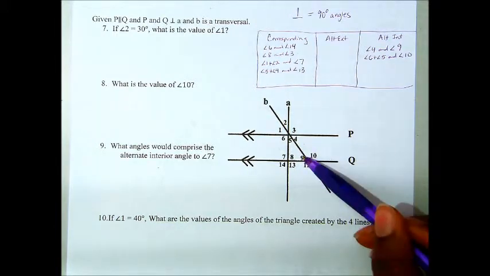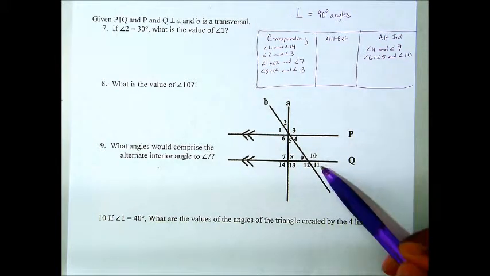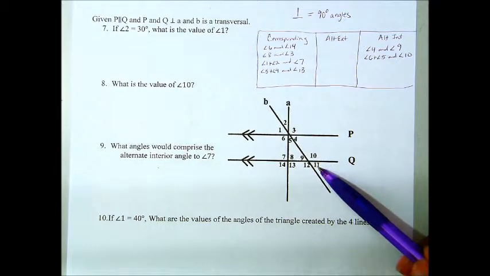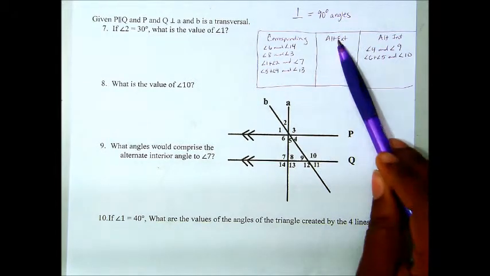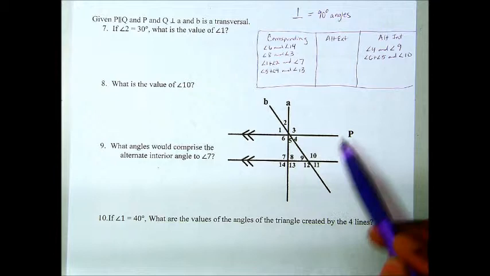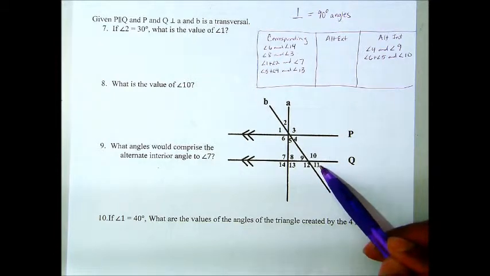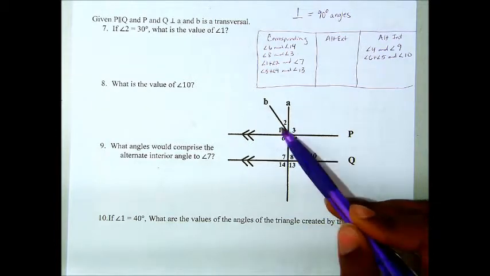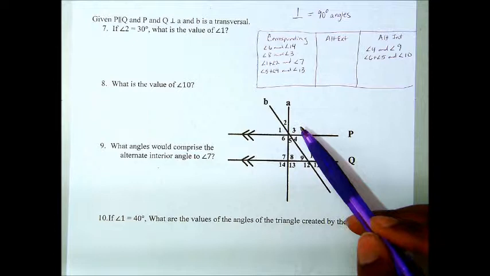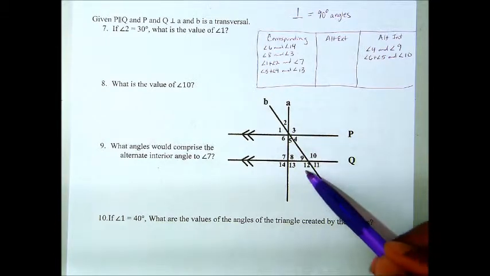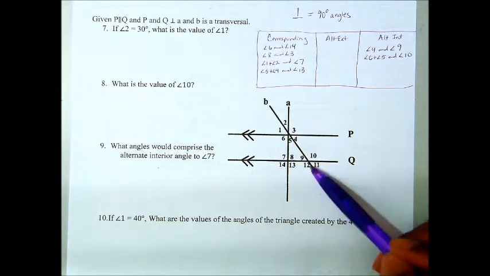So I know that I can use my alternate exterior rules. So this is on this side of the transversal, and this is on this side of the transversal. So angle, sorry, making a little mistake.